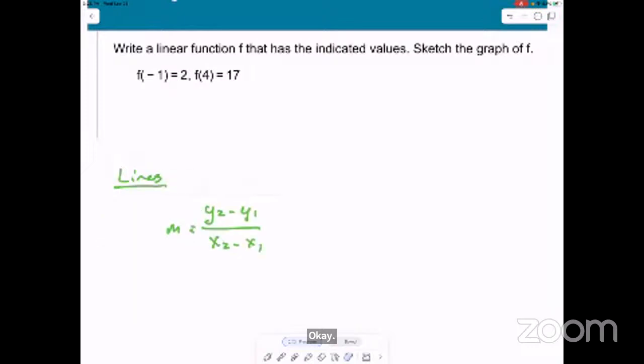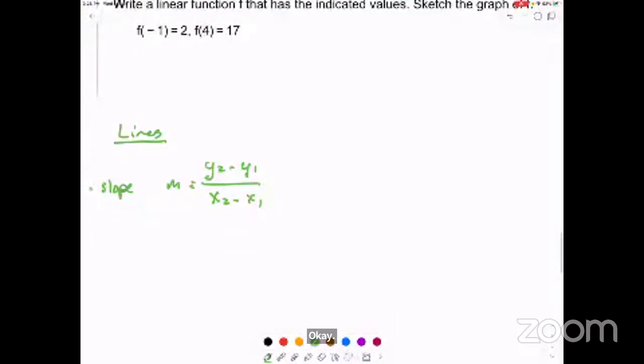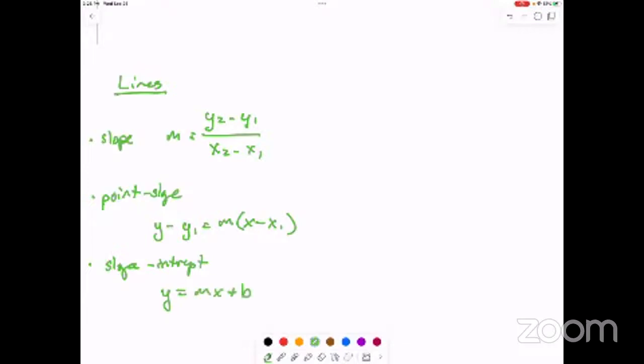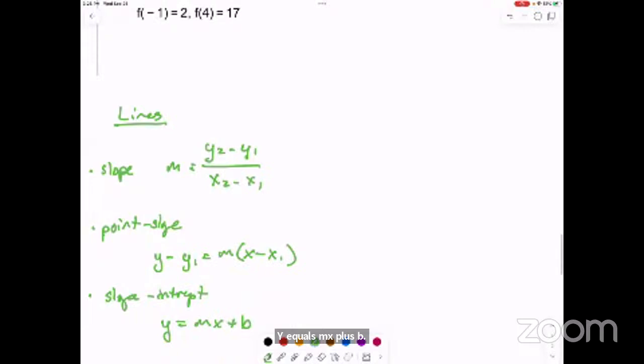And then we have our point slope formula, y minus y1 equals m times x minus x1. And then we have our slope intercept, y equals mx plus b. We'll use it as a reference.